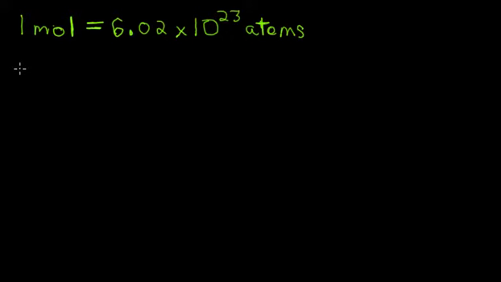And so they're saying if 3 moles of atoms were spread uniformly over the Earth's surface, how many atoms would there be per square meter? So we want atoms per square meter. So we start with 3 moles.